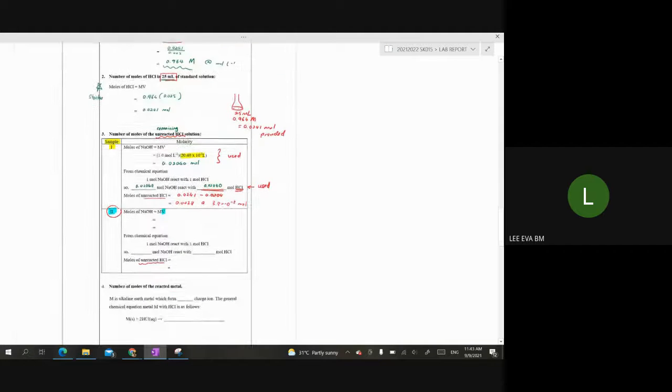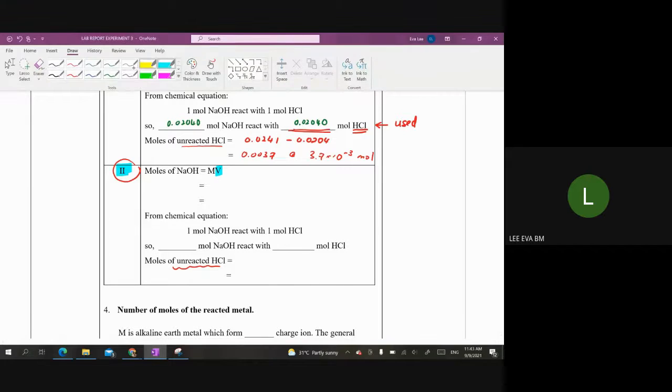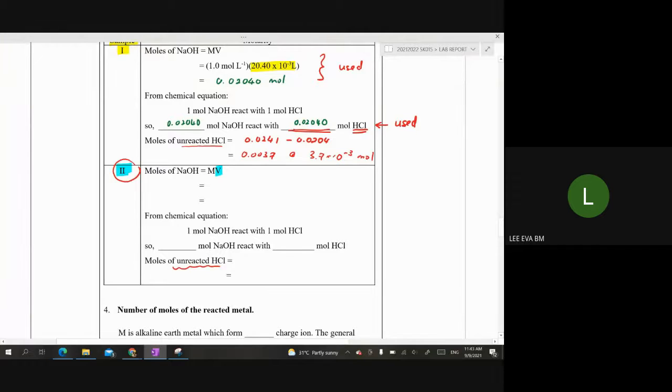So, similar method. Okay, try to calculate for this one. We try to finish earlier, and then the remaining of the time you can do your revision for UPS. Okay?